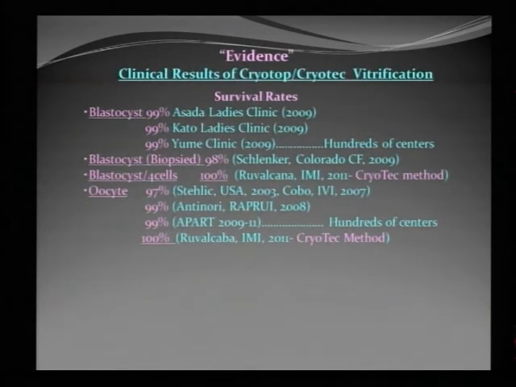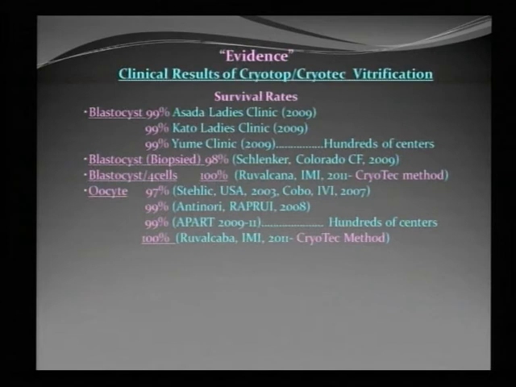So Gardner came to my laboratory, I taught them, and I trained Schoolcraft. They started to use the Cryotop method for human oocytes first, and then for biopsied blastocysts. And they obtained a very good survival rate. For the biopsied blastocysts, they reported 70% pregnancy after transfer, because they transferred 2 blastocysts.